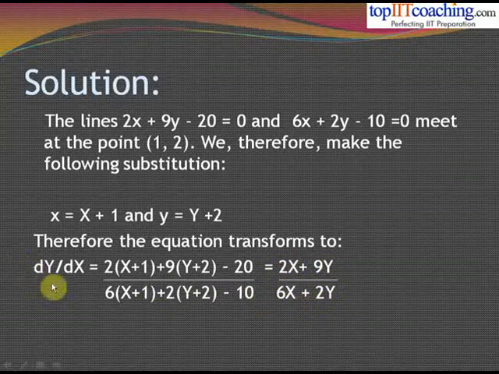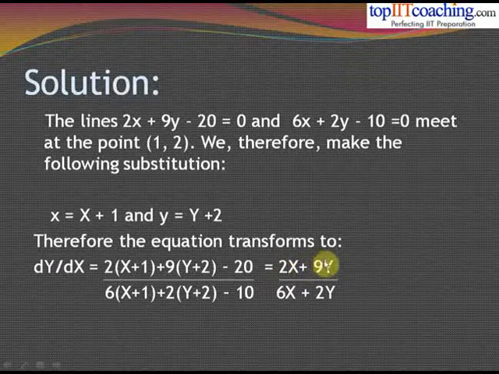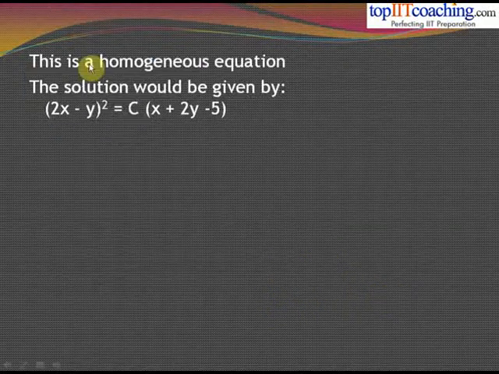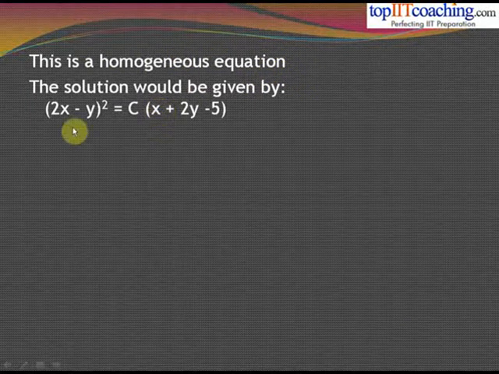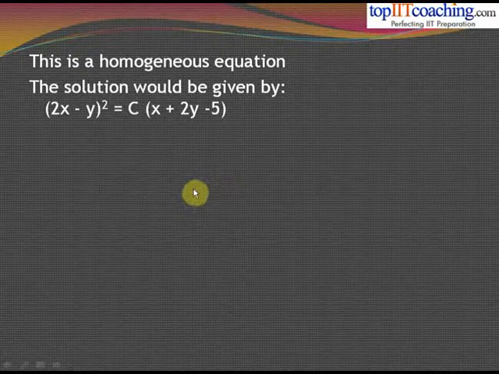So d of capital Y by d of capital X is equal to 2 times capital X plus 9 times capital Y divided by 6 times capital X plus 2 times capital Y. Now this is a homogeneous equation, and when you solve it, you will get the solution as 2x minus y whole square equal to c times x plus 2y minus 5. Thus, very easily we have solved this equation.